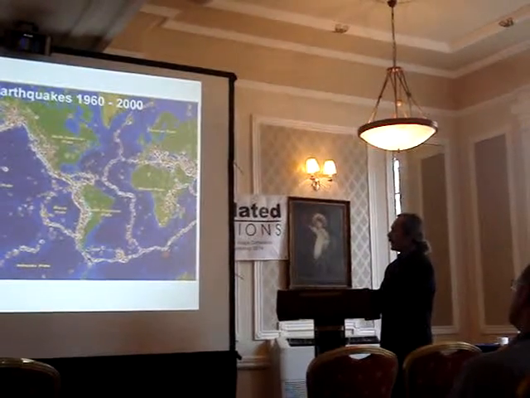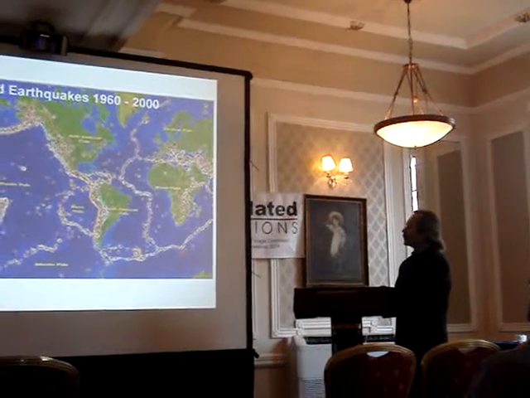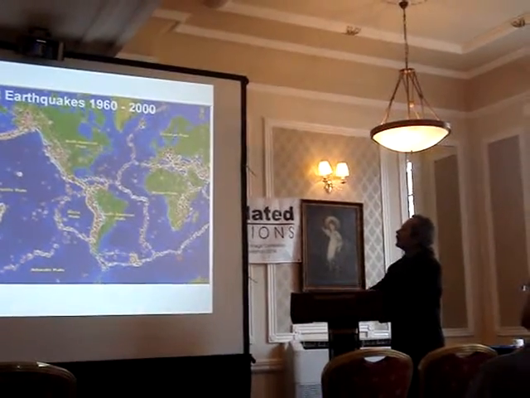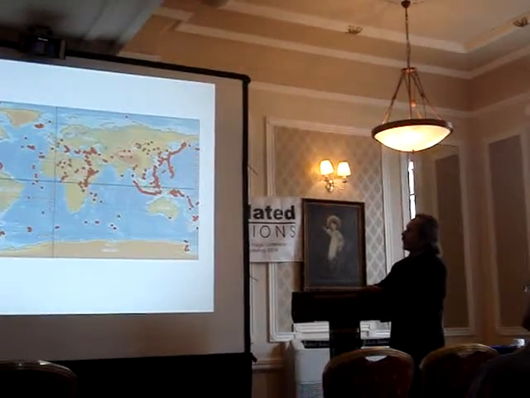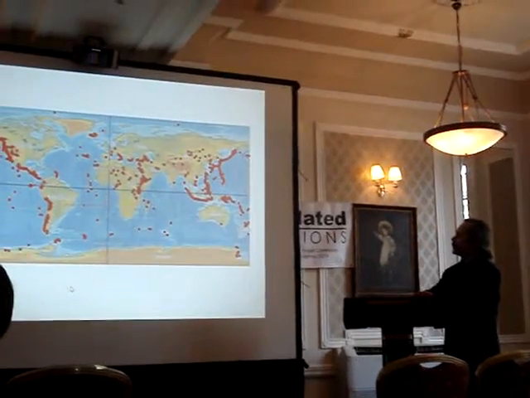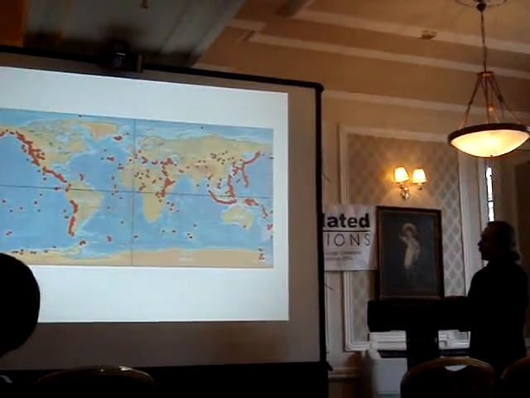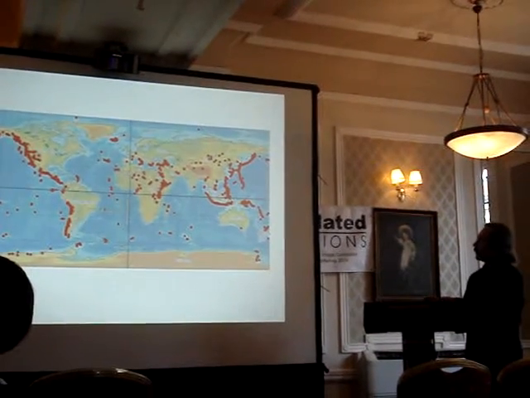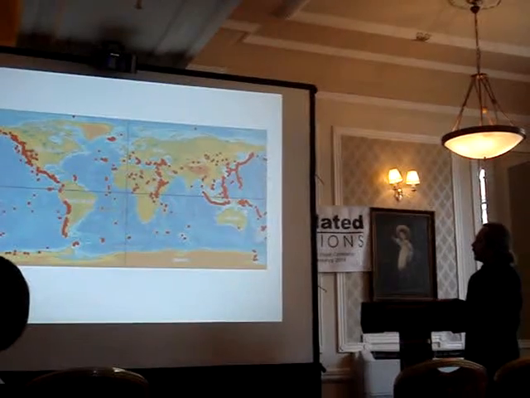That's why we have a lot of active volcanoes in Ethiopia and so on. And these are the active volcanoes at the moment. Again, you can see the ring of fire coming from Alaska, Kamchatka, Japan, Philippines, and so on.